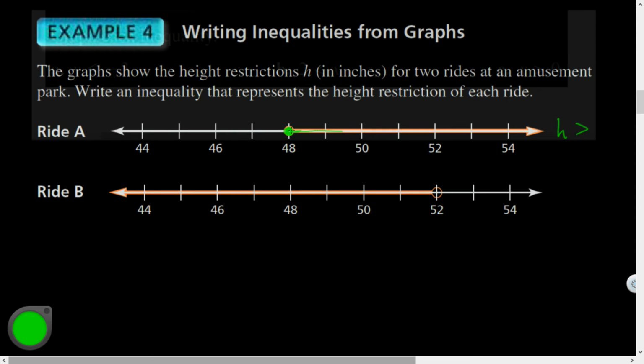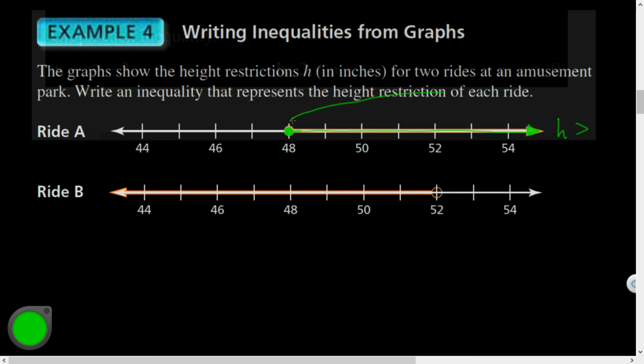Thoughts, friends? Well, I'm writing the inequality, and this time they gave me the graph. They gave me a closed circle. That means I need the underline, right? If it didn't have the line, I wouldn't have filled the circle.